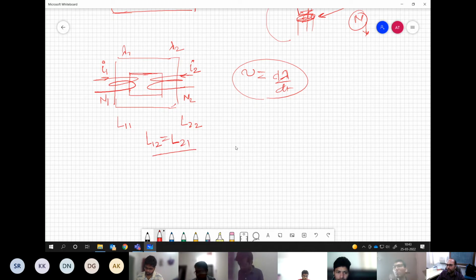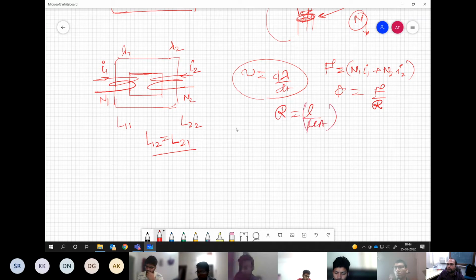So how to compute that? Again, we follow a similar approach to what we have done so far. Try to find the total MMF. What is the total MMF? N1 I1 plus N2 I2. This is the total MMF in the circuit. In response to that MMF, this circuit will generate a common flux, which is basically F by R. Reluctance, because it's a uniform core, we can simply write L by mu A without any problem.